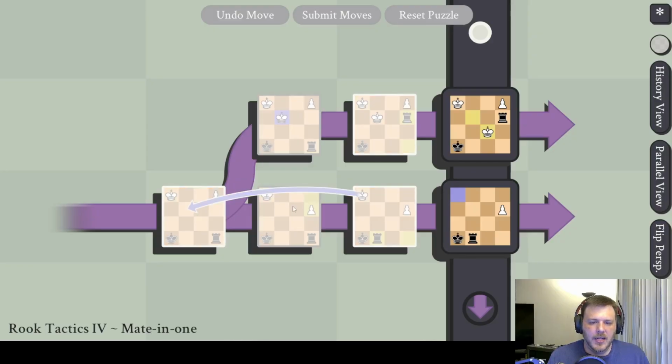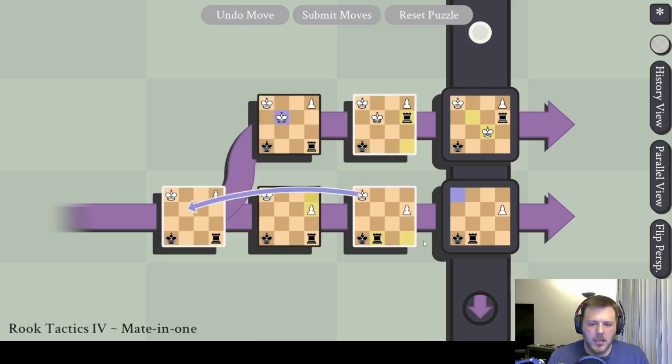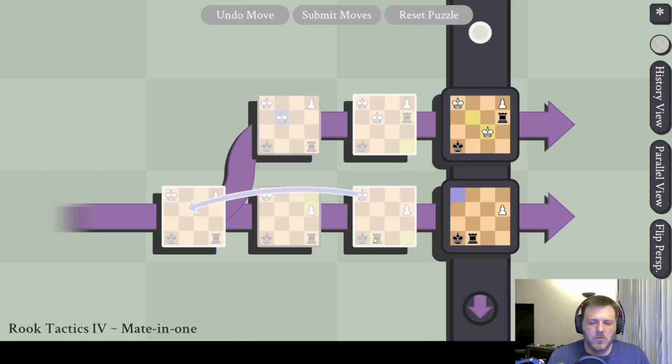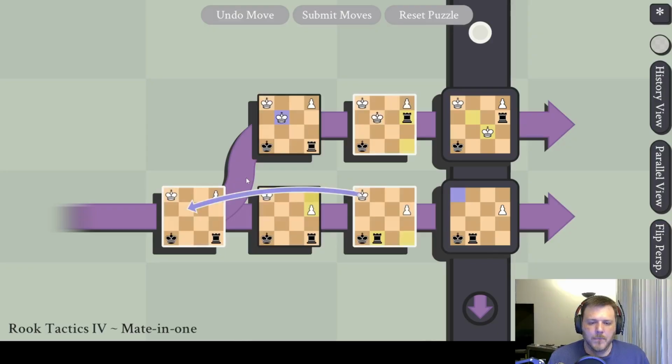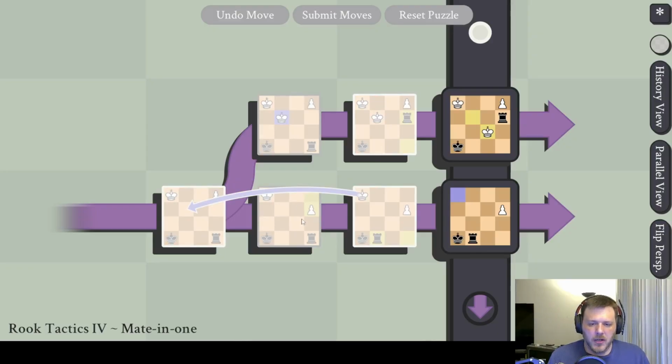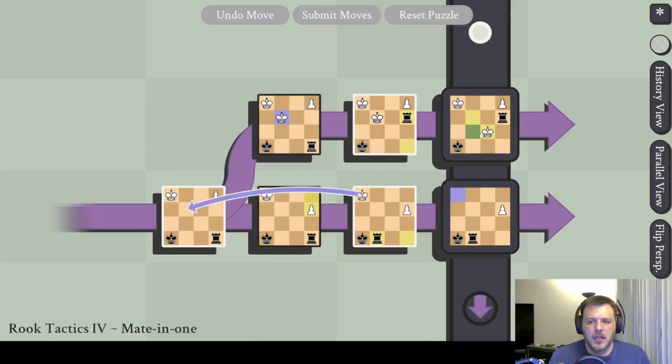Pawn moved forward. Rook moved sideways. King jumped back. Rook moved forward. King came down.